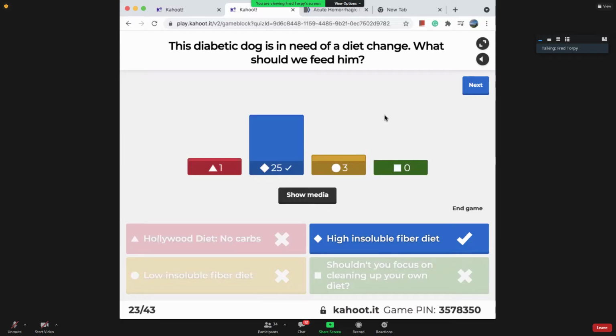We definitely don't want soluble fiber, like digestible carbohydrates, because we're trying to help with their glucose regulation. The high insoluble fiber can help with gut transit and decrease the amount of total glucose they're getting in, as more of it's moving through their digestive tract faster. And if this was a cat, what would we want to feed them? Low carb, yeah. The high insoluble fibers aren't as helpful in cats. It's a lot more important for dogs with diabetes.